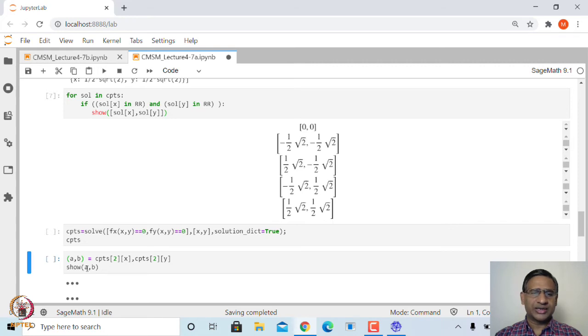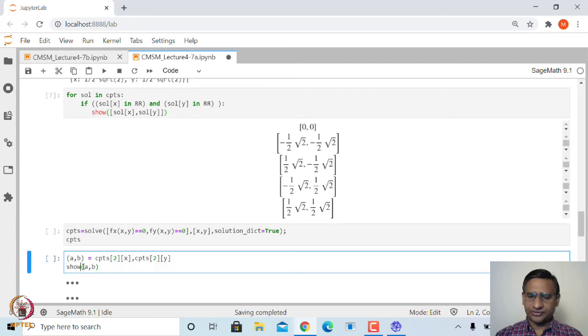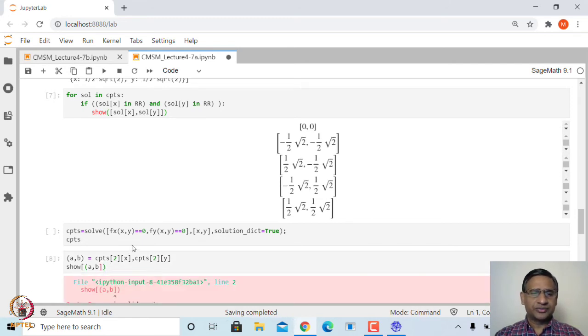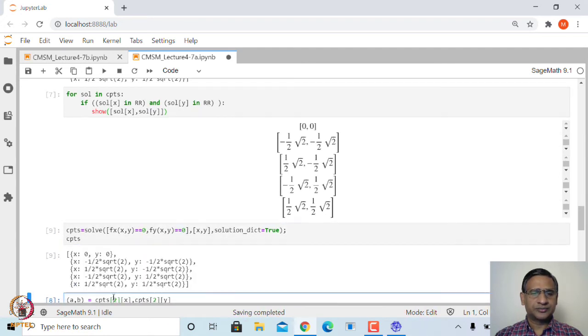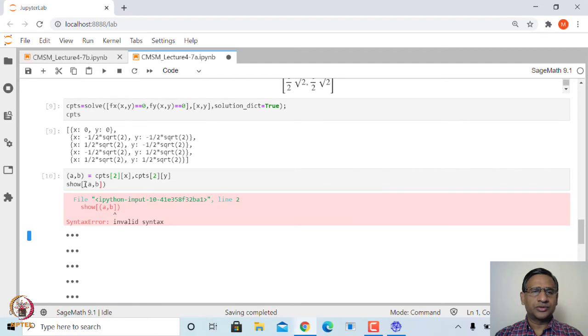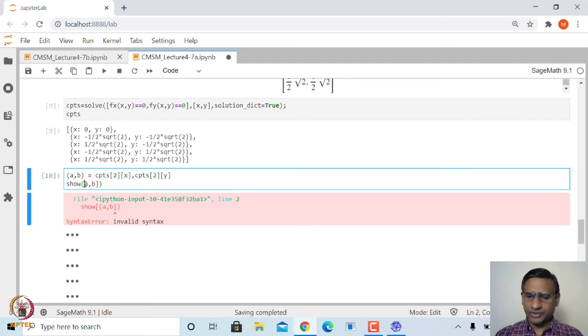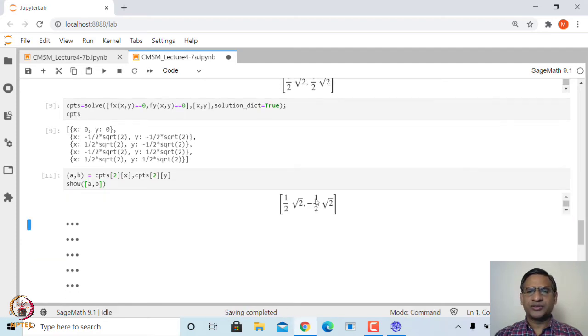Suppose we call this a comma b as the third critical point. The square bracket is missing, this should be inside this. Yeah. So, this is the third critical point.